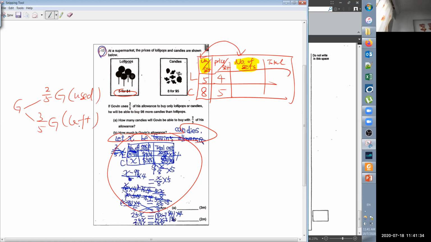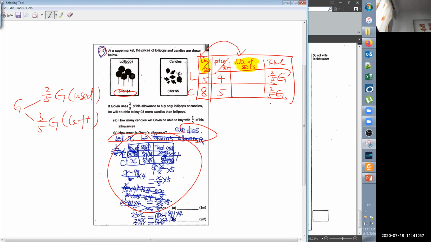He will be able to buy 98 more candies than lollipops. So that means the total money for each is 2/5 G.